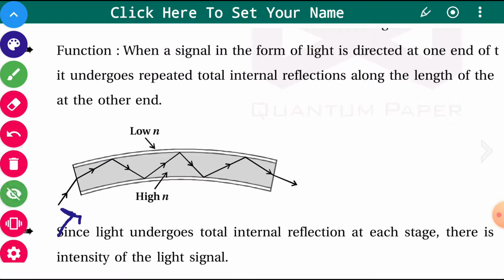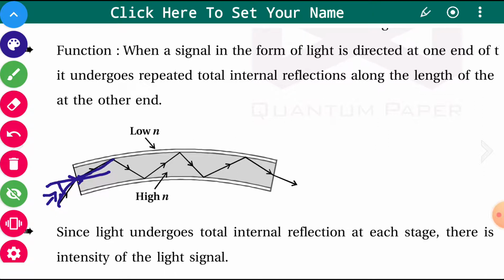Try to understand here. This is the incident ray. If a perpendicular is drawn at the point of incidence, then this angle of incidence must be more than the critical angle. So what will happen?